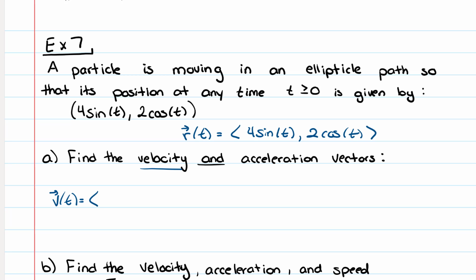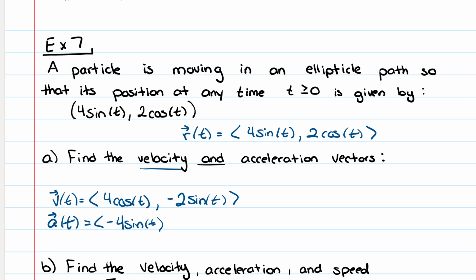So then it's going to be 4 cosine of t, negative 2 sine of t. And my acceleration vector is going to be negative 4 sine of t and negative 2 cosine of t.